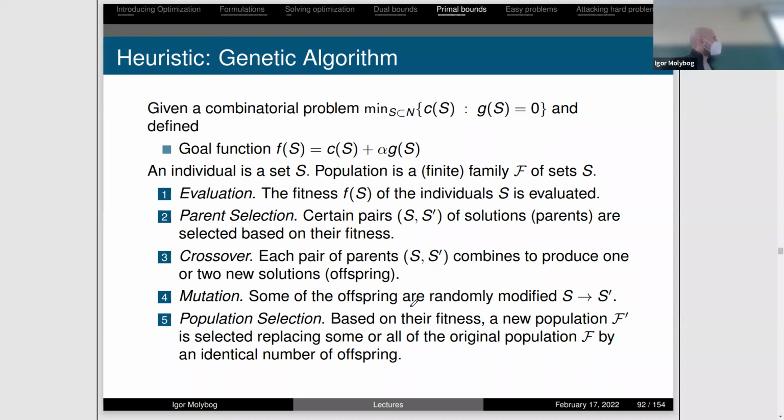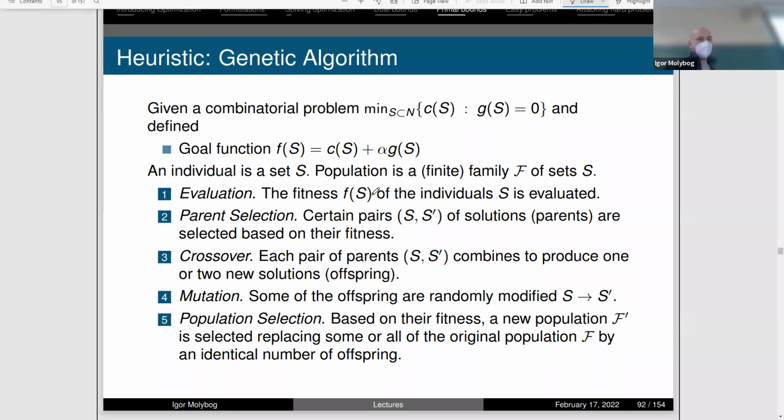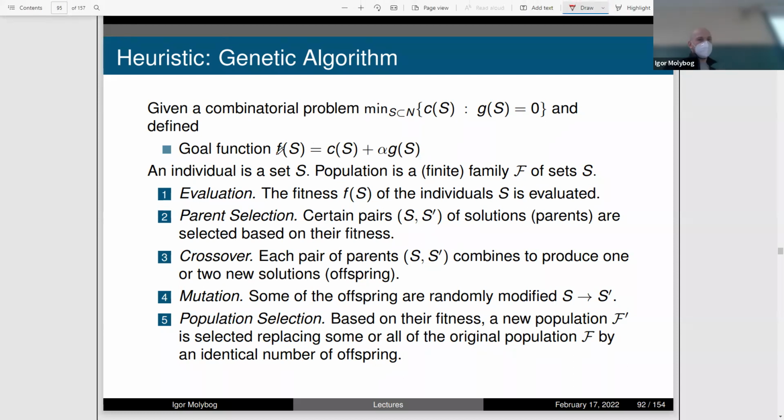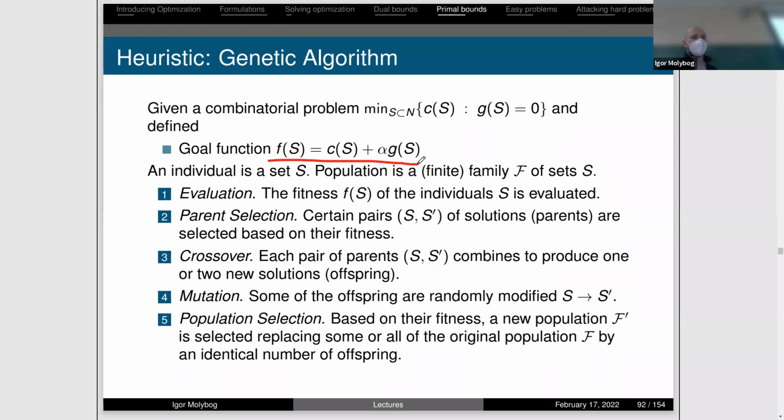So you again consider the same combinatorial problem, and you do not necessarily define a locality for each subset, but you are defining the goal function, and you are normally considering 5 different operations that you can do with the set.